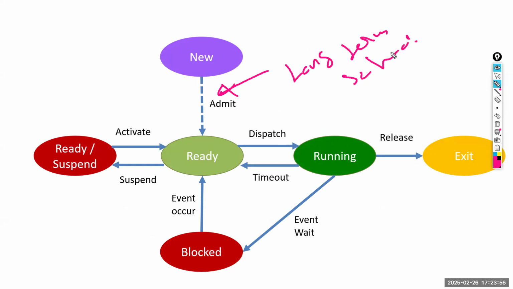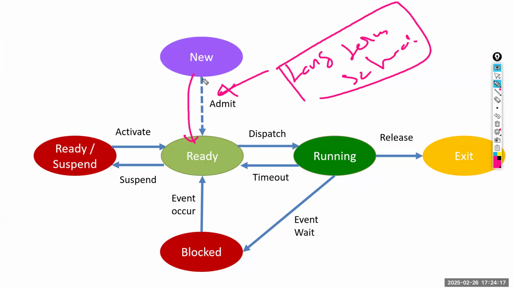That scheduler's task is to make sure that when there's a new process in the new state, and it has a reasonable number of ready processes, it's not too busy, it will decide when to take that new process into the ready state. But it will never go back to the new state, right? So that is what the long-term scheduler is doing.